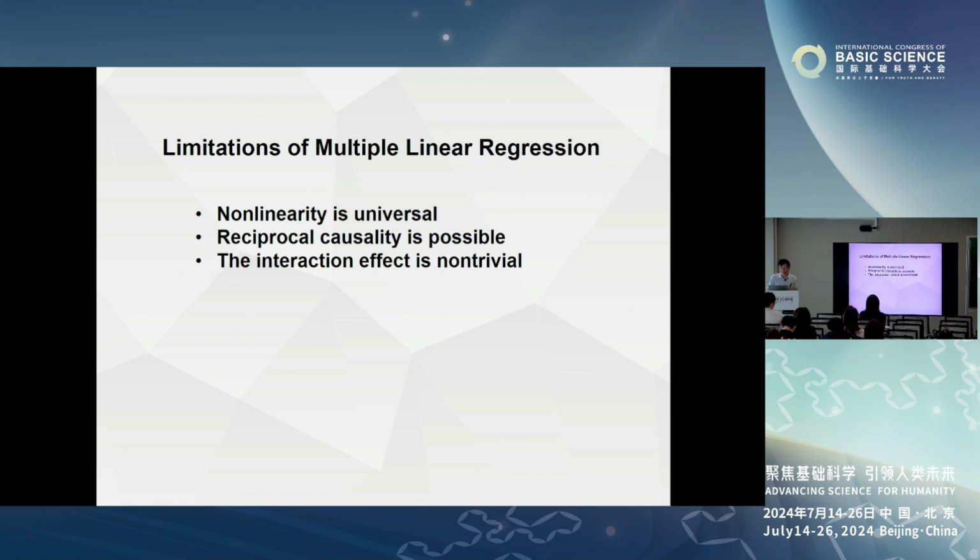So not only does x affect y, y may also affect x. A multiple regression model like this has no power to handle this issue. And lastly, the interaction between different variables may be not trivial.